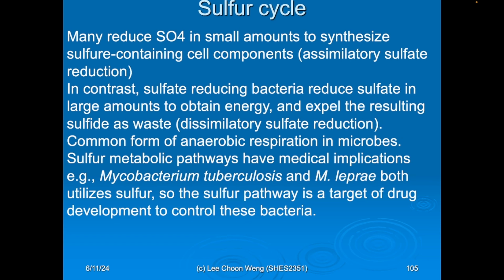Therefore, the amount required is actually small, but for dissimilatory sulfate reduction, the sulfate reducing bacteria reduces the sulfate in large amounts in order to obtain energy, and expels the resulting waste as hydrogen sulfide. So these are the two main sulfur reduction pathways, one assimilatory and the other dissimilatory.